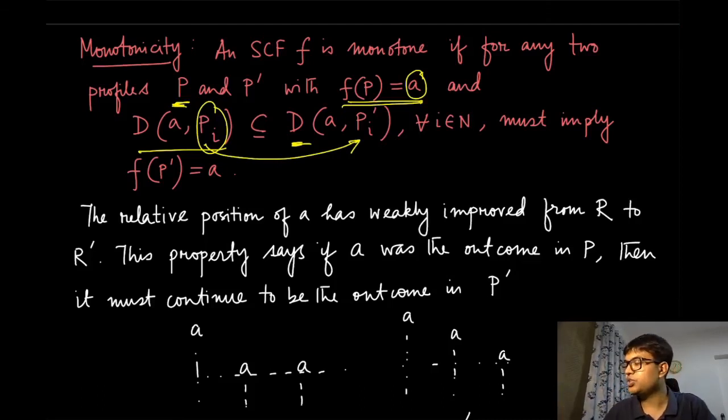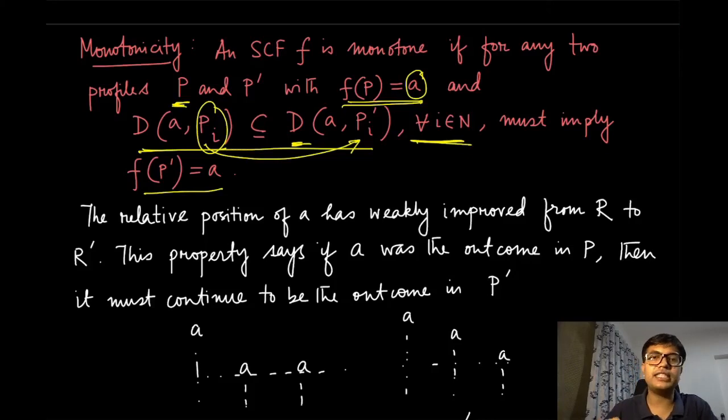Then monotonicity says that f of P prime should also be equal to A. This dominated set condition should hold for all agents i in N. So every agent now has more alternatives which are worse than A. If the social choice function has already output the alternative A, then why should it not continue to output it in this new preference profile? That is what monotonicity means.